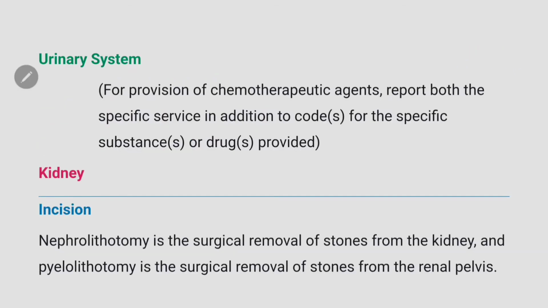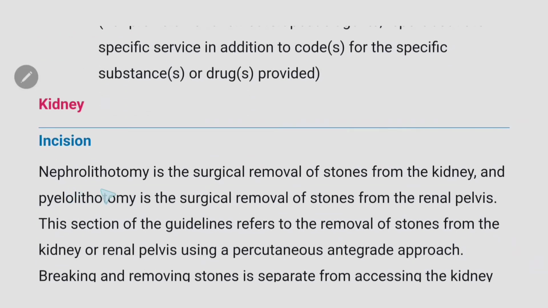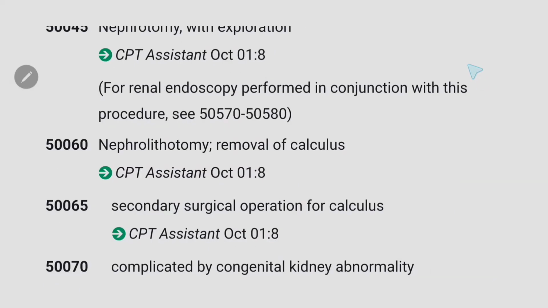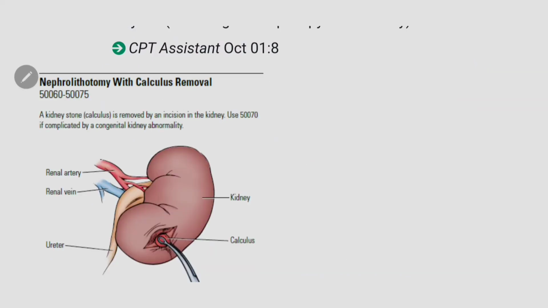In urinary system, under the section kidney, incision, they have mentioned nephrolithotomy is the surgical removal of stones from the kidney and pyelolithotomy is the surgical removal of stones from the renal pelvis. This is important, highlight it in your CPT manual. The code 50060 is for nephrolithotomy, removal of calculus.